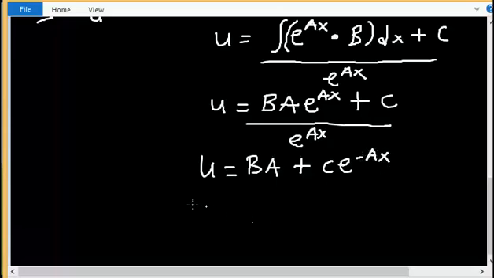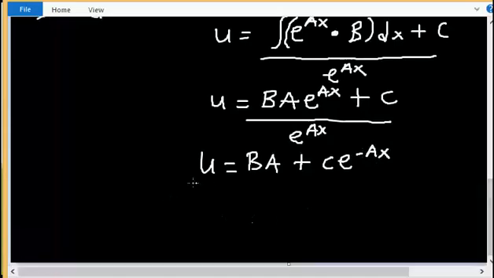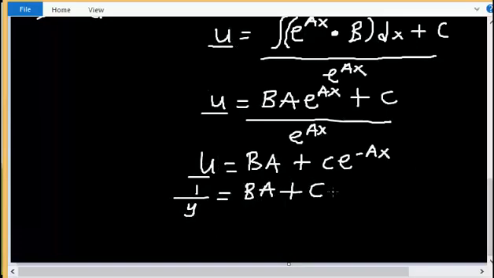With what I have here, this equation is not complete. Why? Because I have not returned the variable I changed. Remember, the u wasn't originally in my equation. I was the one that introduced u. Remember, u is the reciprocal of y. So that means 1 over y is equal to b over a plus c exponent minus ax.